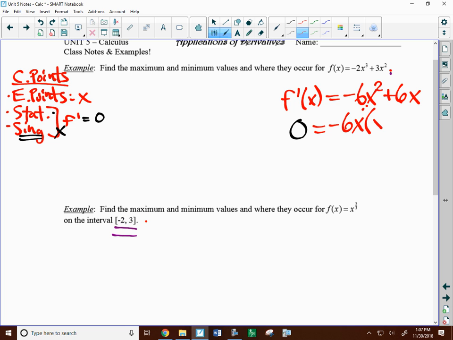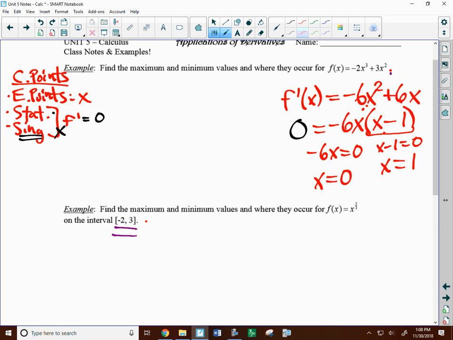So here I'll be left with x, and 6x divided by 6x, negative 1. And we solve each of these. I set x minus 1 equal to 0, and I'll get 1. And I set negative 6x equal to 0, divided by negative 6, so I'll get 0.